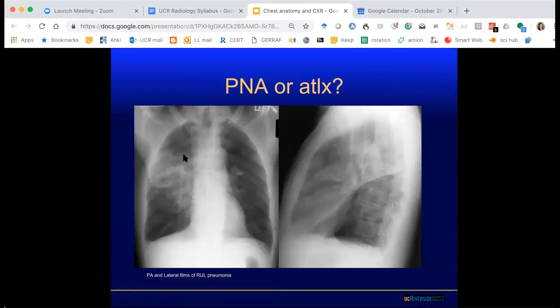So there's not really much volume loss, and there's all of this fluffy interstitial as well as alveolar opacities, which we don't typically see with atelectasis. Atelectasis is more linear in shape, and it's usually well demarcated because it typically follows a segment or a lobe. Here, it does neither. So this is pneumonia.